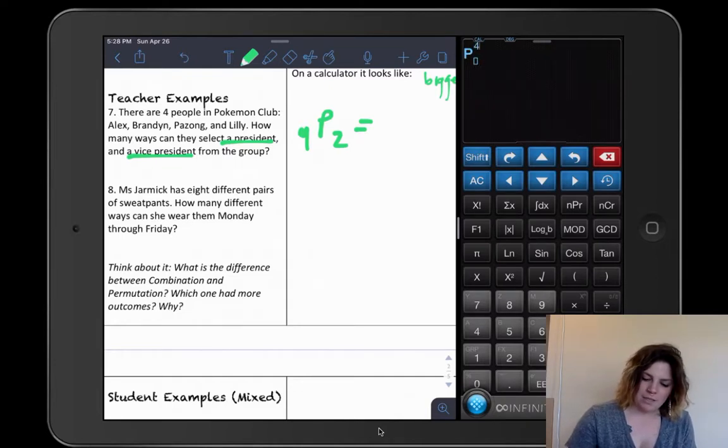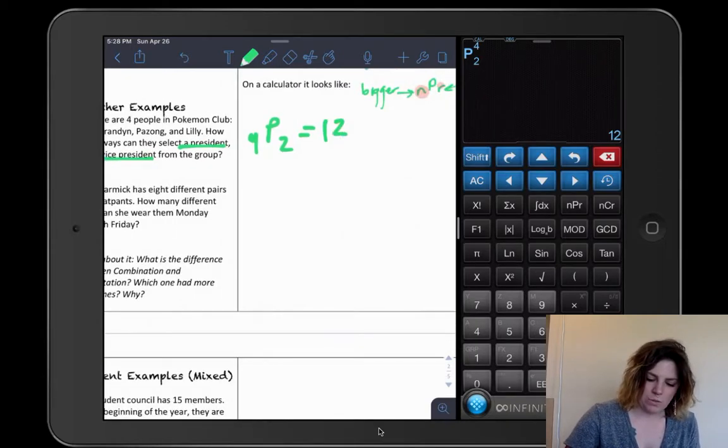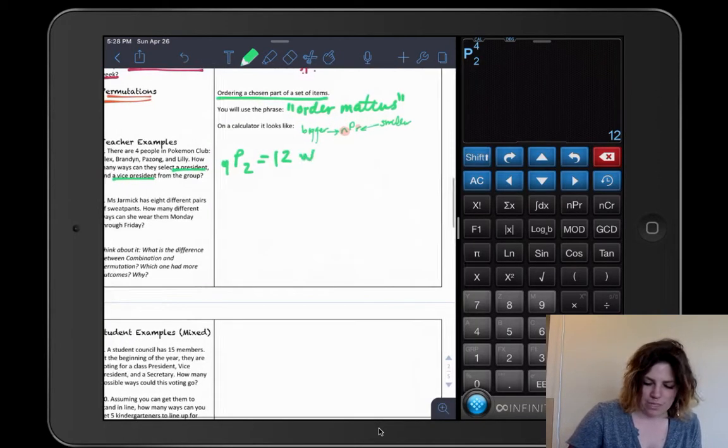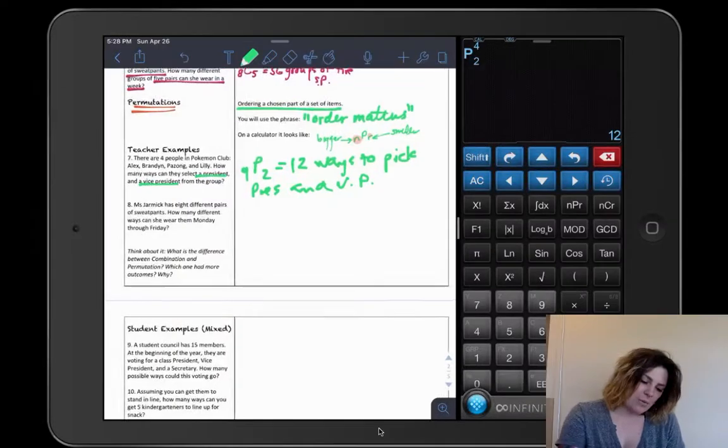And then 4 and 2, and we are done. So this is 12 ways to pick president and vice president.